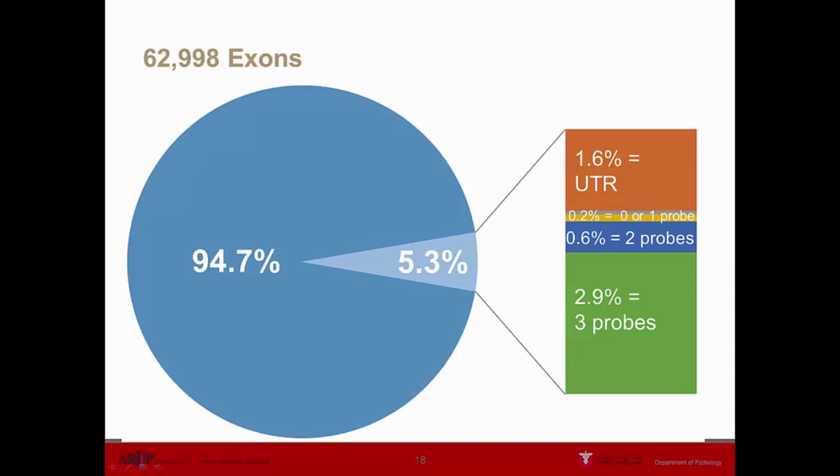Most of them had 3 probes at least, so very close, and perhaps if you expand into the intron, you might be able to get your coverage, or you could go back, if that gene's very important to you, you could ask for a review of the design to see if additional probes could be placed in there. And less than 1% had 2 or fewer probes in them. And again, those were usually for very good reasons that you could not get unique probe placement there.